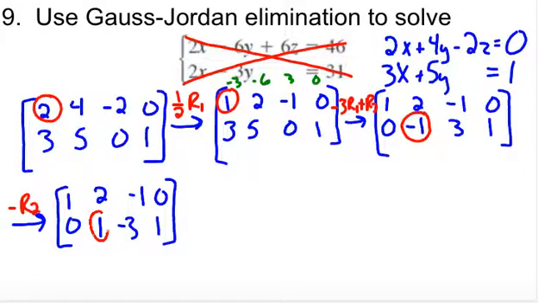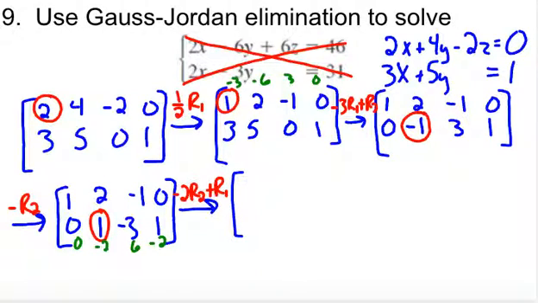Now, still my goal, get a 1 there, a 0 above it. So in order to do that, I'm going to take -2 times row 2, and I'm going to add that to row 1. If you'd like to see that in green, I'm multiplying row 2 by -2, so that's 0, -2, 6, -2. I'm going to add that green row to my row 1.